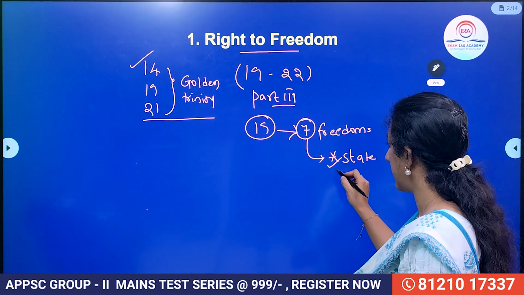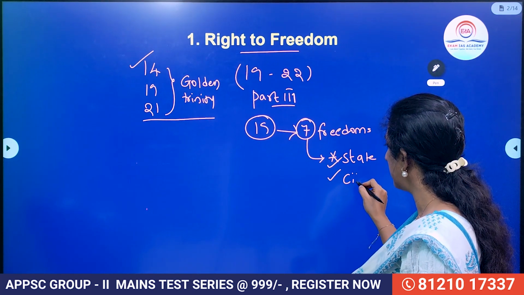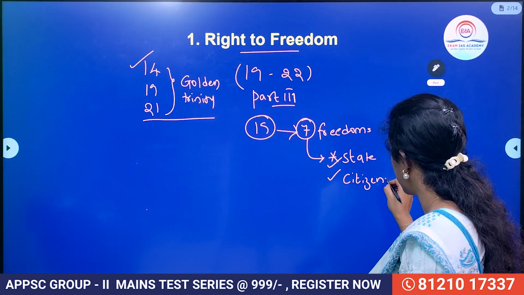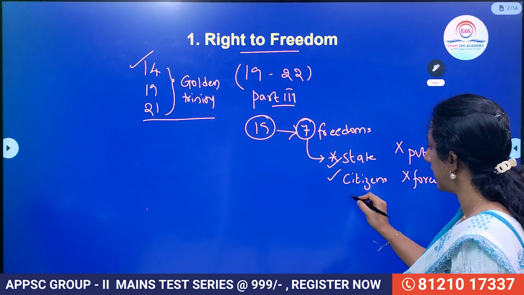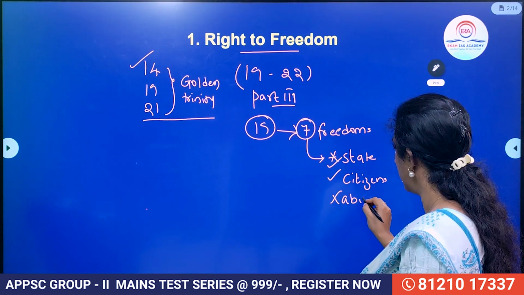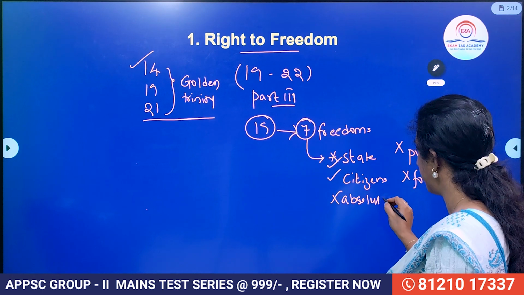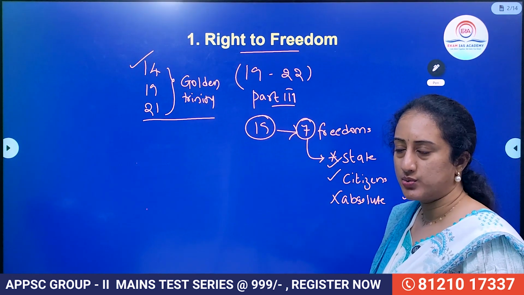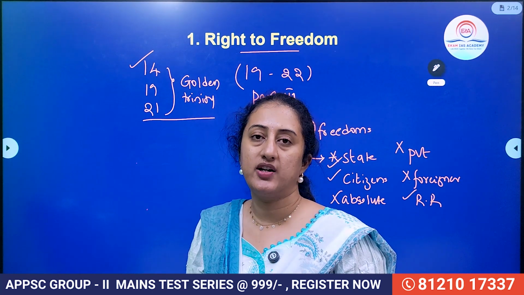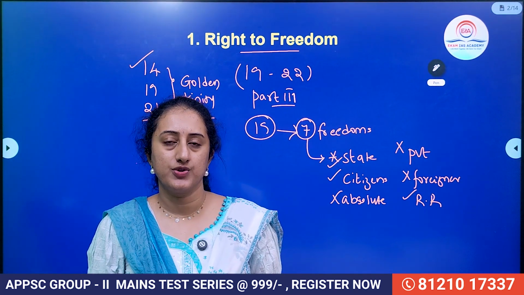You also have to understand these are only available to citizens of India, not to foreigners. And these are not absolute. They apply only with some reasonable restrictions, so reasonable restrictions will be imposed even on the freedoms guaranteed under Article 19 of the Indian Constitution.